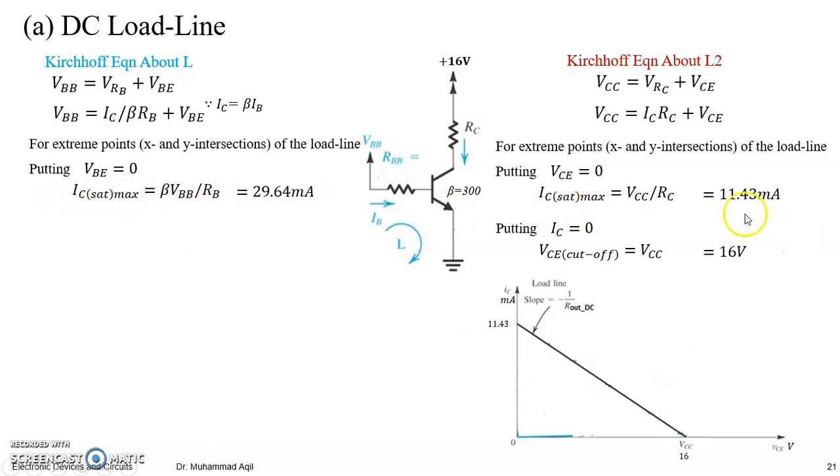Please don't panic. These are not the same. It doesn't matter, because this load line is saying that you can achieve this point if you cut your y-axis. Actually, you cannot cut with 0 VCE. Your characteristics curve will not pass this value.